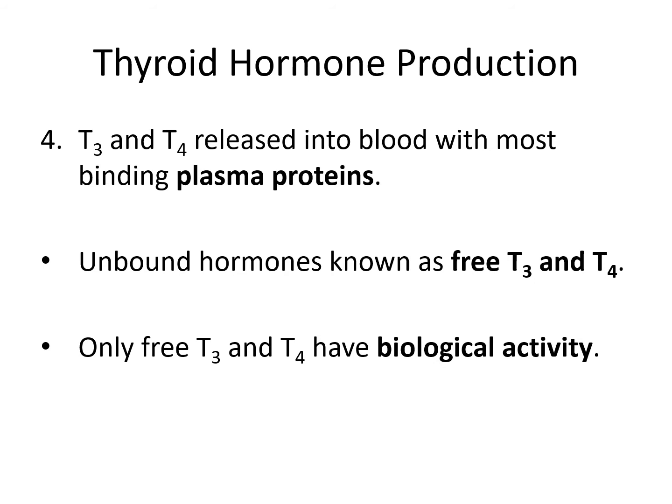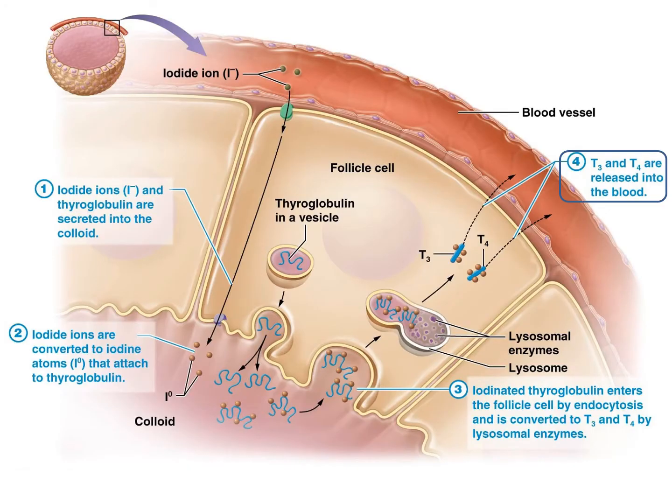Some unbound hormones are known as free T3 and T4. Interestingly, only the free T3 and T4 have biological activity, so they have to be removed from their plasma proteins to have their effect. Here in the last figure, we see T3 and T4 released into the blood.